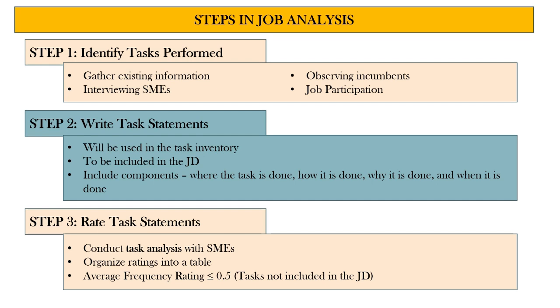This will be used in the task inventory, and a task inventory would show the tasks that are within a certain job. Okay, and it should be included in the job description. It can include components where the task is done, how it is done, why it is done, and when it is done.